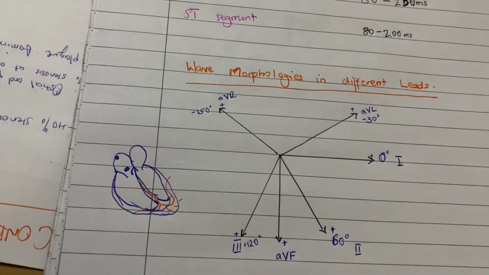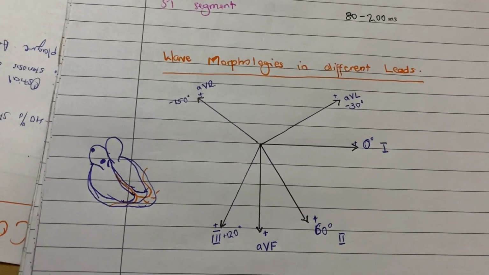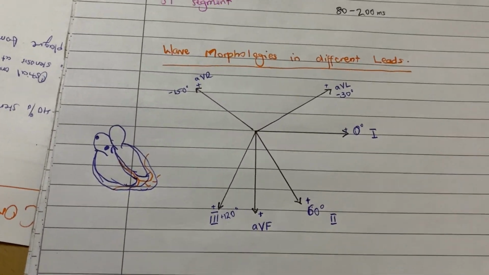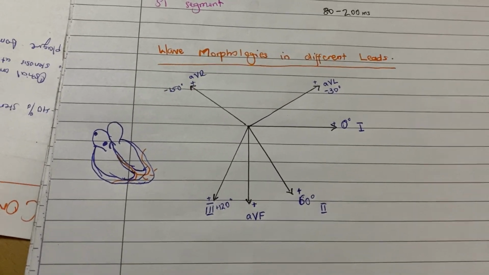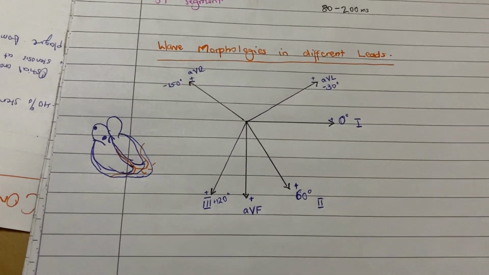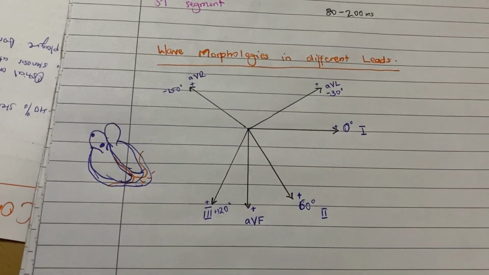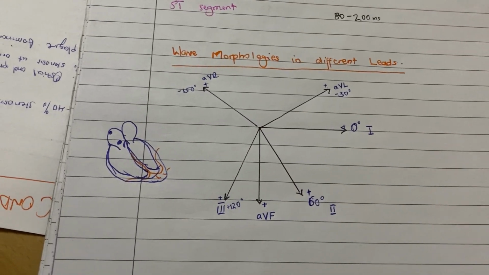So if it is depolarized from the atria going to the ventricle, how do we form a positive deflection and how do we form a negative deflection? You have to remember, if you didn't watch the first lectures, you have to go back and watch them, because we already finished these. A wave of depolarization moving towards a positive electrode, the deflection is positive.